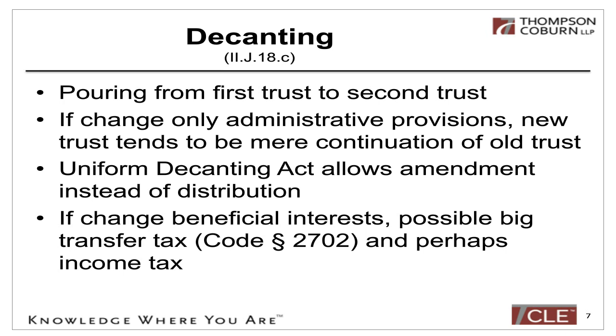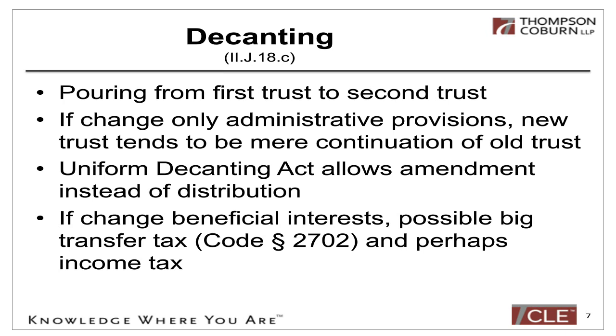Now, we'll talk about whether a change in beneficial interest rises to the level of being a commutation. We'll talk about that later. But the other thing I wanted to point out when you're changing the beneficial interests is that you may want to try to avoid that huge gift from being a taxable gift.